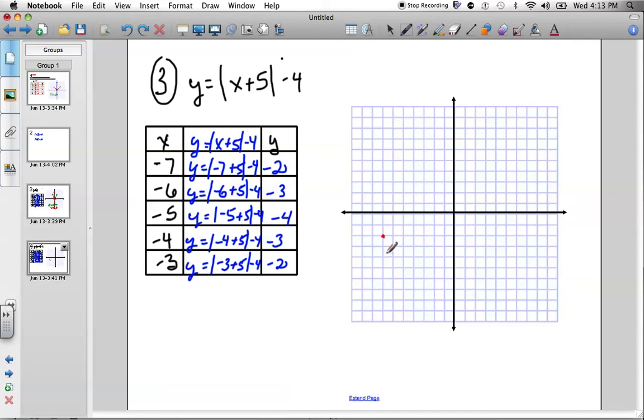We're going to go to the left 5 and down 4. We're going to go to the left 4, down 3, and to the left 3, down 2. And now we're going to connect our points.